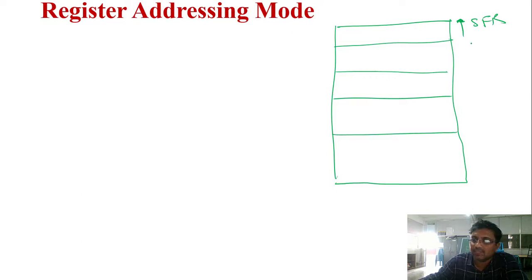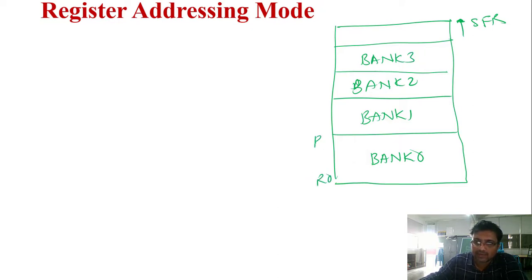SFR is a special function register. Here is bank 0, bank 1, bank 2 and bank 3. Each bank contains R0 to R7 registers, again R0 to R7 registers of bank 1, bank 2, and bank 3. So altogether we have 32 general purpose registers.